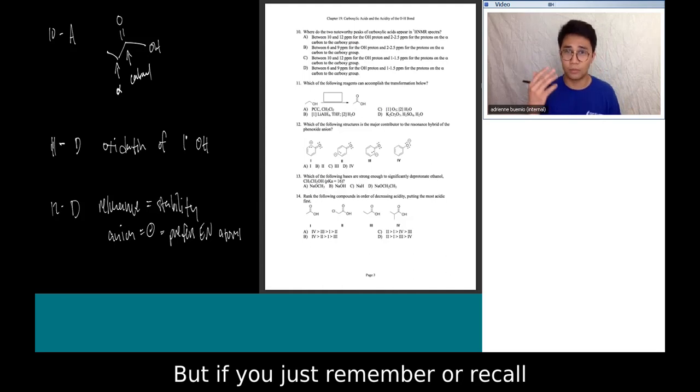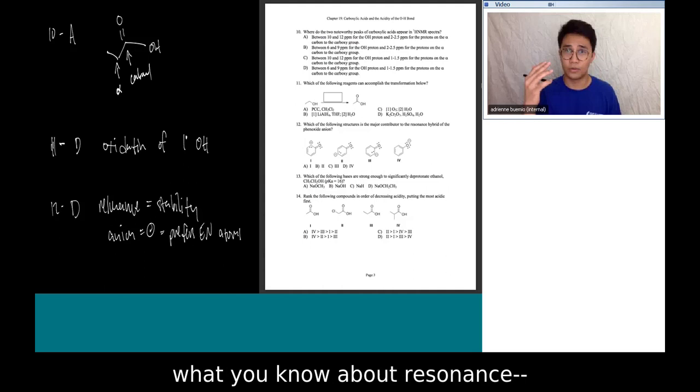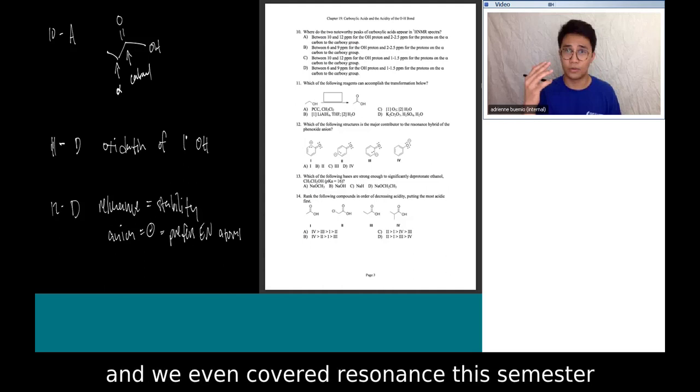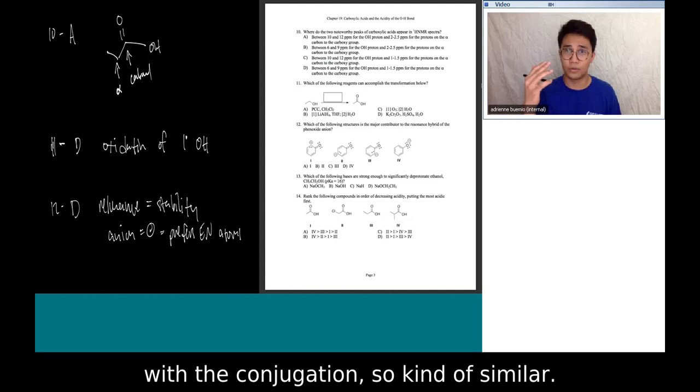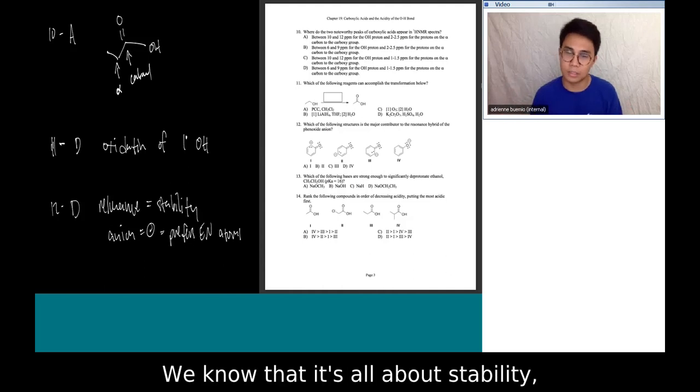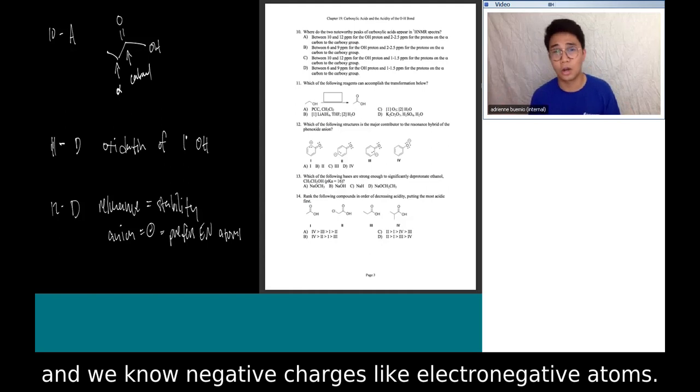But if you just recall what you know about resonance, and we even covered resonance this semester with the conjugation, so it's kind of similar. We know that it's all about stability, and we know negative charges like electronegative atoms.